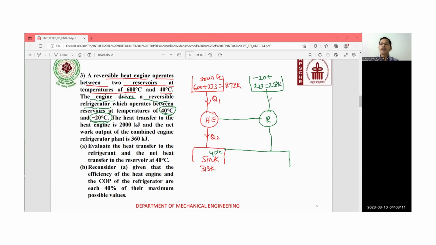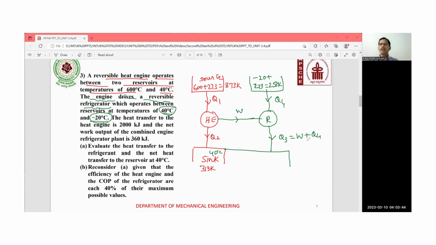That means heat is extracted from here, which I will consider as Q4, and it is rejecting to this one, that is Q3. So Q3 is equal to W plus Q4, right?